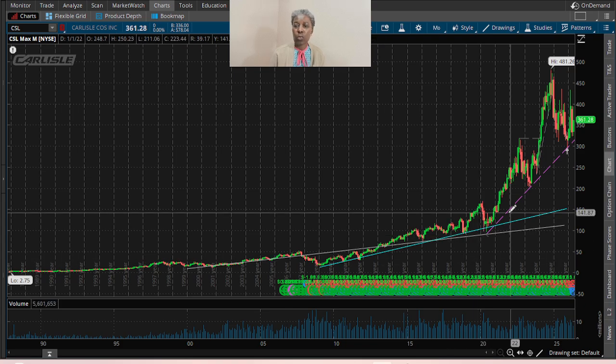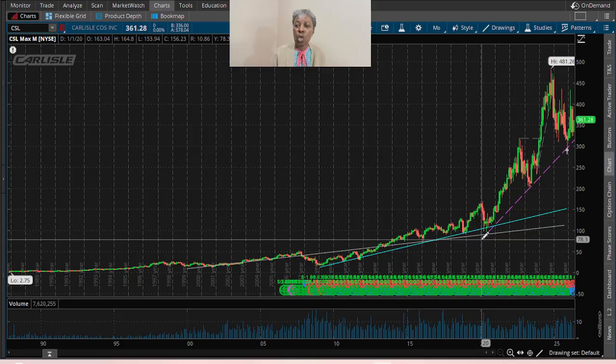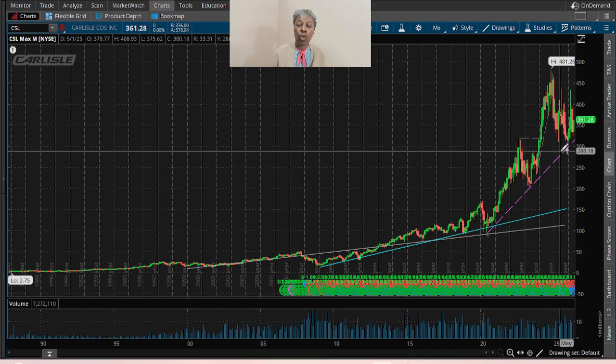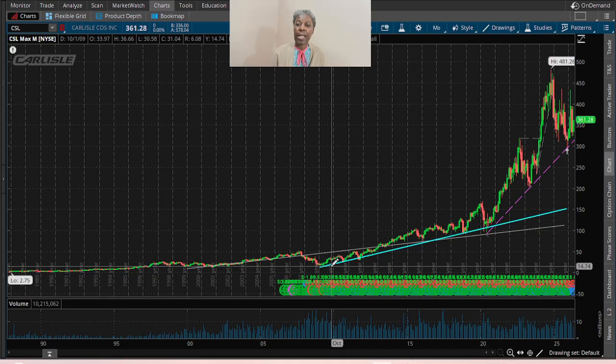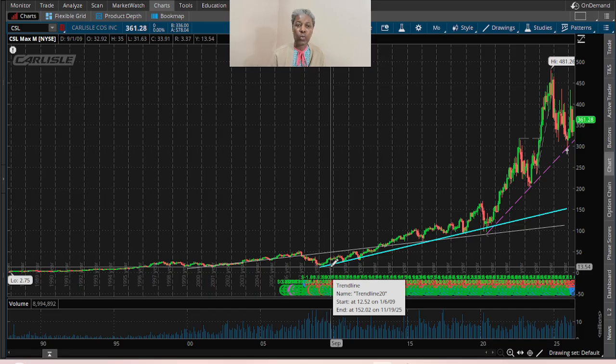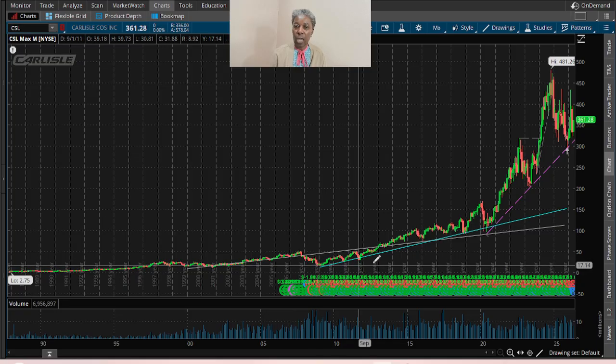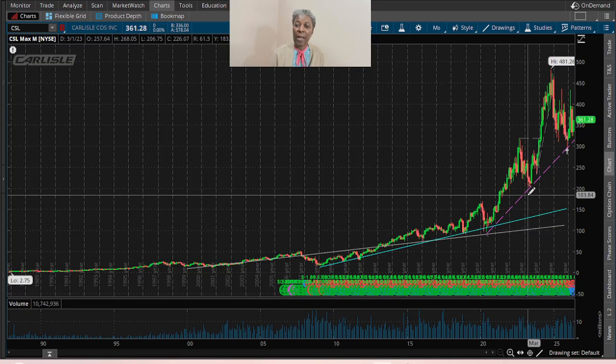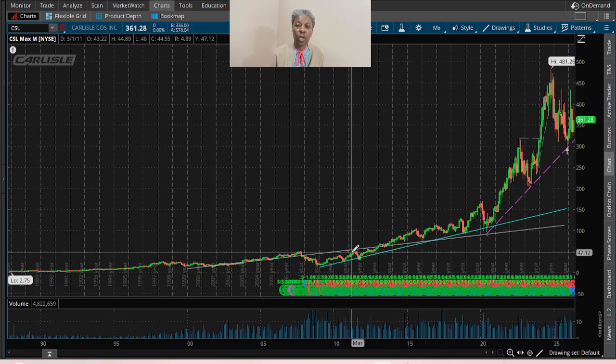So I like to trace an oblique support line passing by the higher lows of the chart, and I might trace multiples. In this instance, we have multiple support lines passing by the higher lows of the chart.